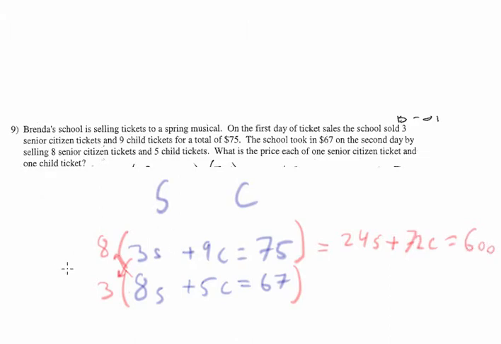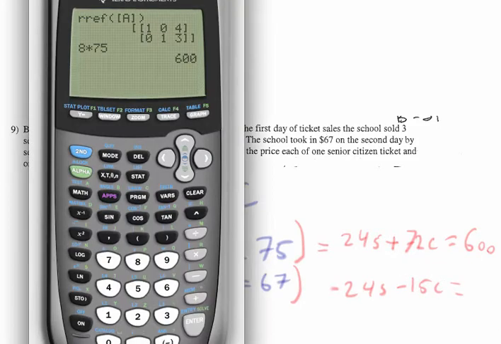And my second equation, 3 times 8, that's going to be 24S again. Oh, and I really should have done a negative 3 here. So I'm going to make all these negative, because I want to be able to add them and get rid of it. Negative 3 times the 5, that's negative 15C. And negative 3 times 67, 201.